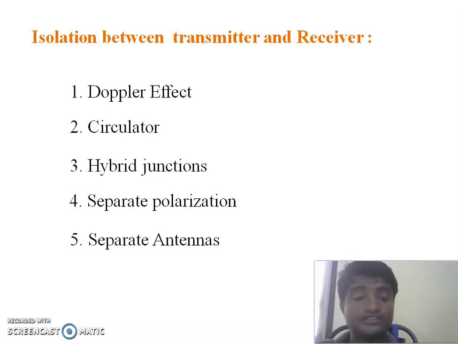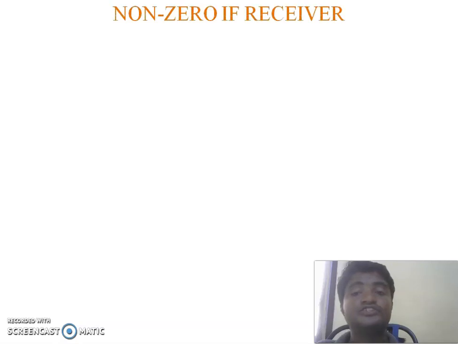And the next concept is the non-zero IF receiver. In the normal CW radar we studied previously, the intermediate frequency is 0, that is a zero IF receiver. When the intermediate frequency is 0 and the operating frequencies are low, the effect of flicker noise is high.